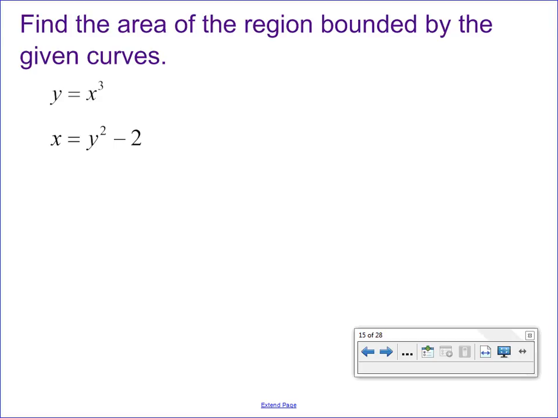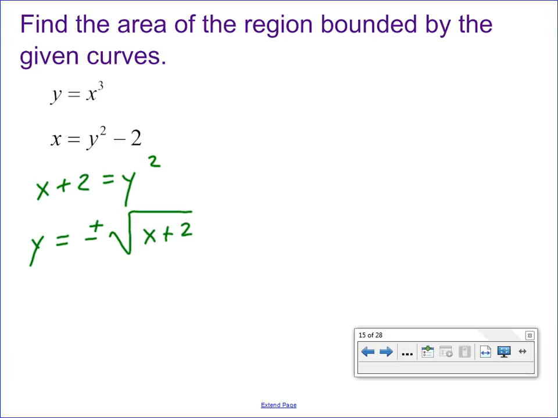I'm trying to picture what this is going to look like. To do that, it might be easier if I add that 2 over and then solve for y. Looks like y will be given by the positive and negative square root of x plus 2.